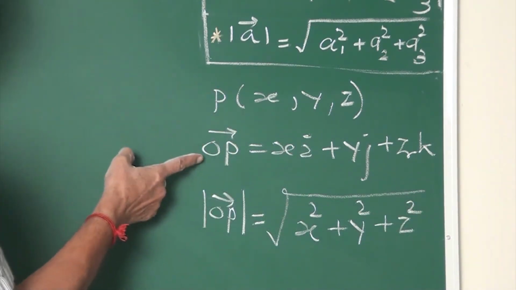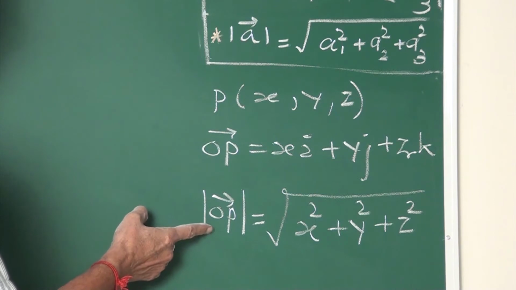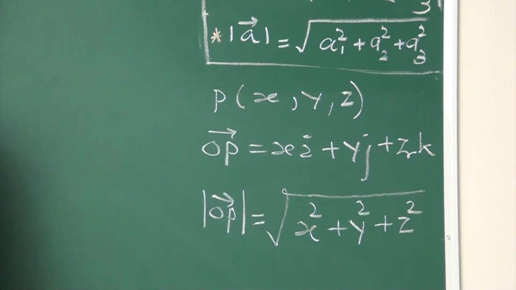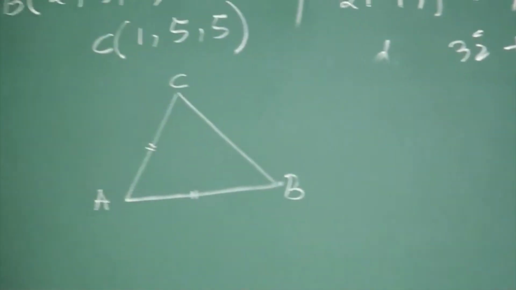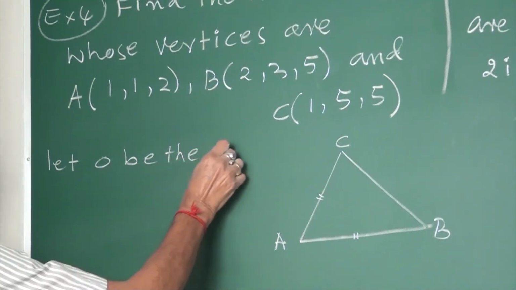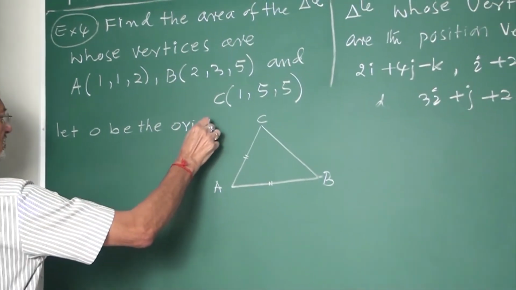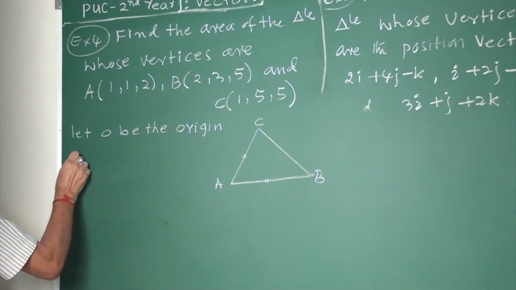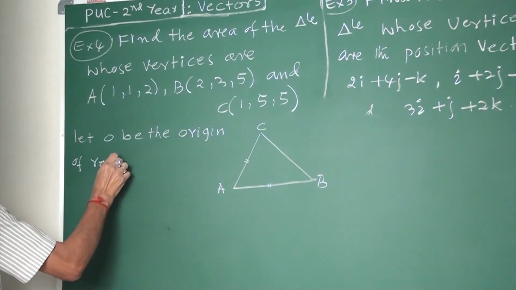From the point to the position vector, then its magnitude. This we have done, my friends. Then, yes, let O be the origin of reference.